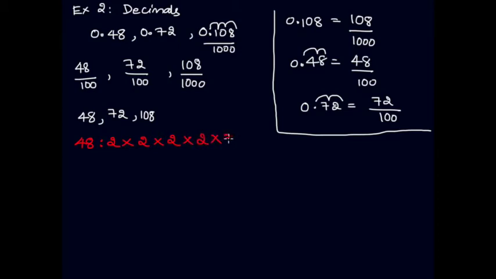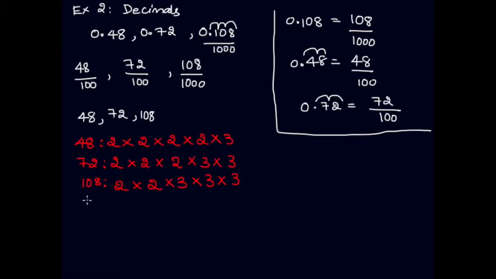And 3 divided by 3 is 1. Similarly, 72 can be written as 2 times 2 times 2 times 3 times 3. And 108 is 2 times, that's 54, 2 is 27, so 27 divided by 3 is 9, 9 divided by 3 again is 3, 3 divided by 3 is 1.